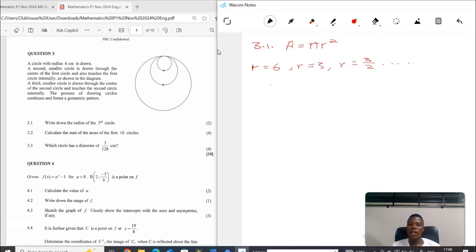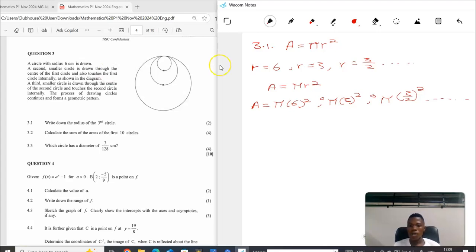So the area of the first circle is pi times 6 squared, the second is pi times 3 squared, and the third is pi times 3 over 2 squared, and it continues to the 10th.